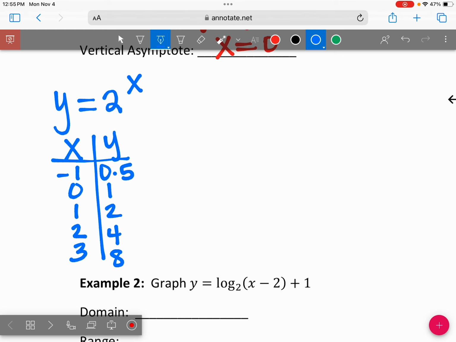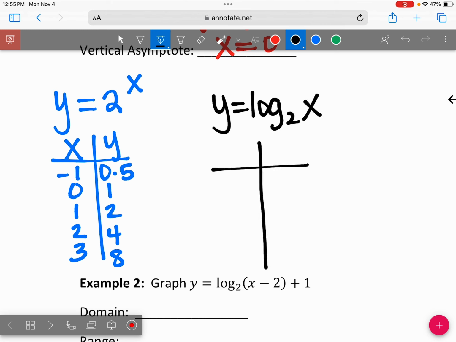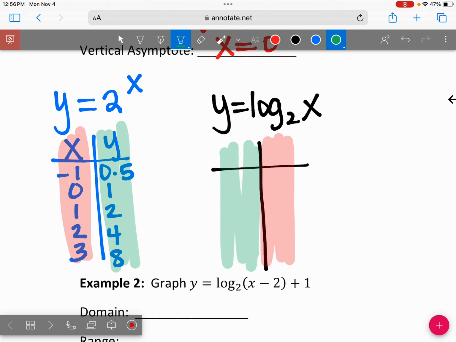We're graphing a log. So to find the inverse, which is y equals log base 2 of x, we need to flip our table. Which means that all of these numbers here are going to be my y values now. And all of these numbers, which are my y values, will become my x values.